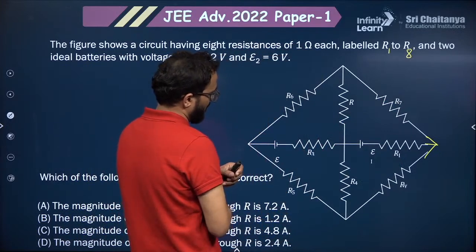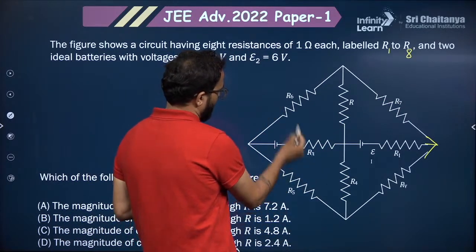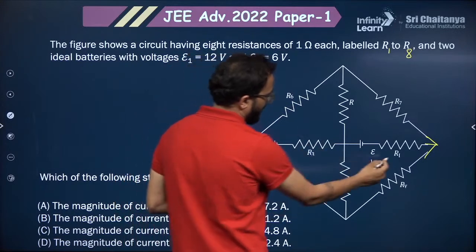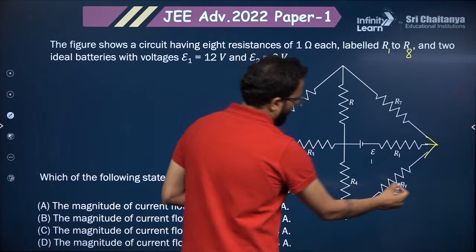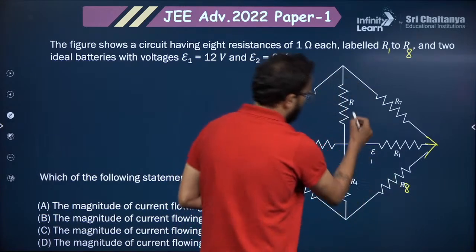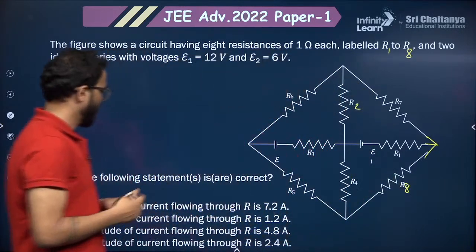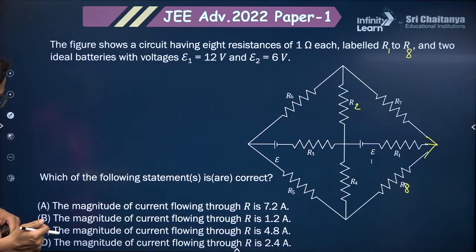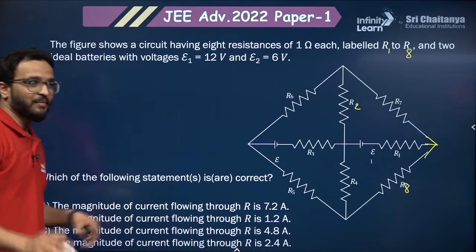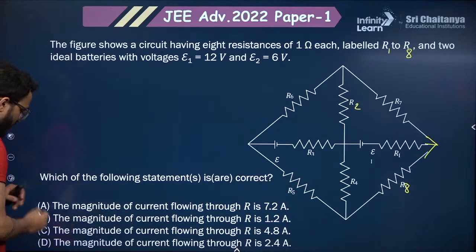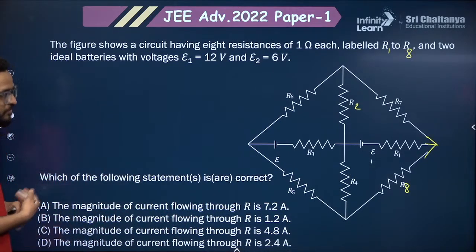This is R3, this is R6, this is R5, this is R1. So I guess this will be R8 and this will be R2, right? By the way, let me tell you, after solving we will find out all the 4 options are correct. So let me start the question.